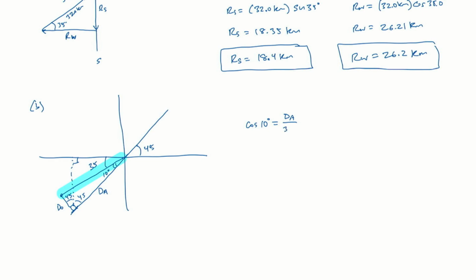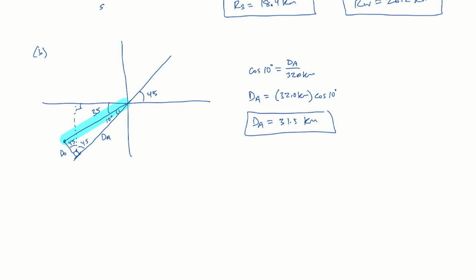I'll just put in the 32 kilometers. And so the adjacent displacement is the 32 kilometers times the cosine 10 degrees. And this gives us 31.5 kilometers.